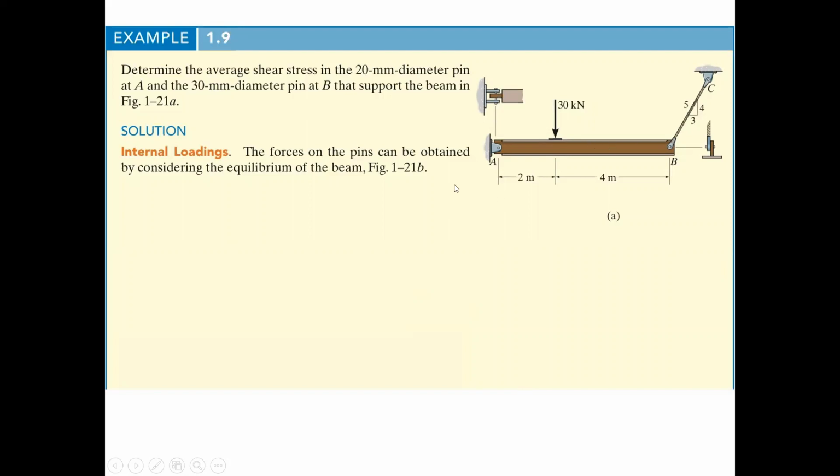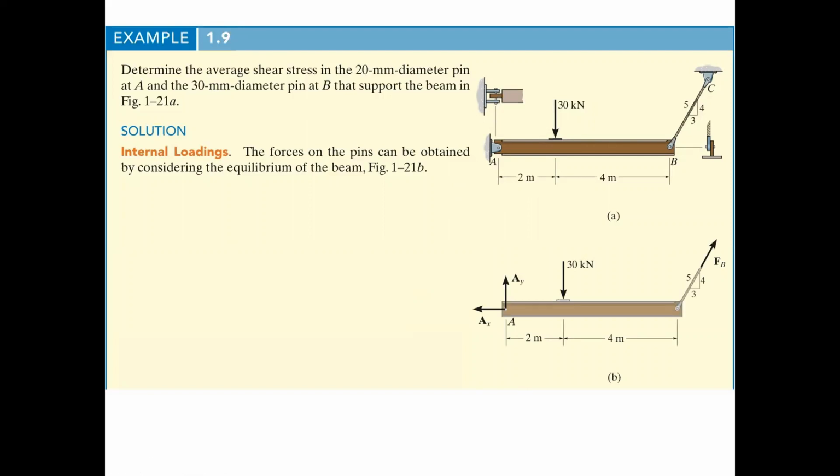Okay, so in order to start the problem, just like every other problem in this course, we have to do the work that you did in your statics class. We have to know the reactions, the internal force of this member. We have to do this work and use our statics equations, summing moments about point A in order to get the force in member B. And so you would get 12.5 kilonewtons.